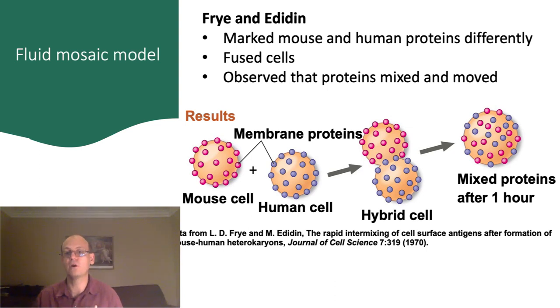If the proteins were unable to move, as they do in the fluid mosaic model, different regions of the final fused cell would have had either mouse or human proteins. However, mouse and human proteins were evenly distributed over the entire cell surface, lending support to the fluid mosaic model.